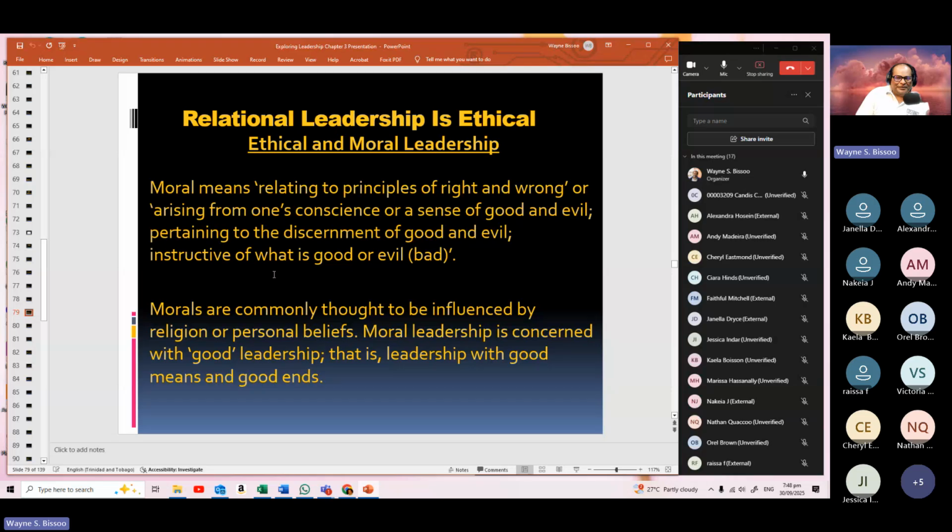Pertaining to the discernment of good and evil, instructive of what is good or evil or bad. So this is what morals are, as opposed to ethics. Morals are commonly thought to be influenced by religion or personal beliefs. Moral leadership is concerned with good leadership, that is leadership with good means and good ends.